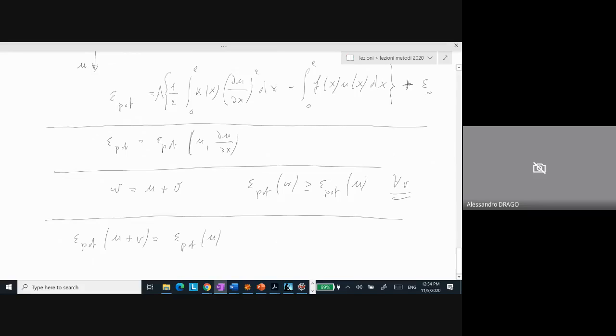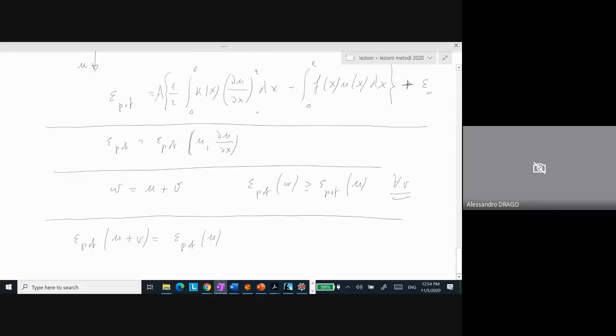After I have the other 3 terms, let's write them. From this object here, I get a term which is a mixed term. It corresponds to the du over dx, where u instead is u plus v, and it's squared, so I get du over dx times dv over dx, the double product canceling the two.